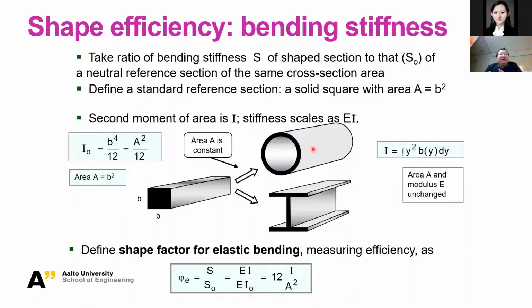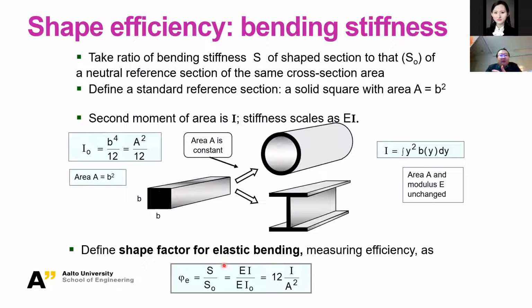Good. So here is an example of how you calculate the shape factor. First of all, the shape factor is a dimensionless factor, which is basically the mechanical property of a shaped cross-section over our reference cross-section.